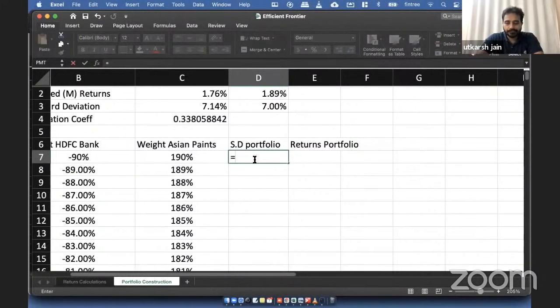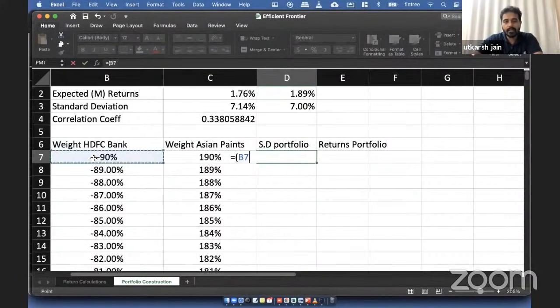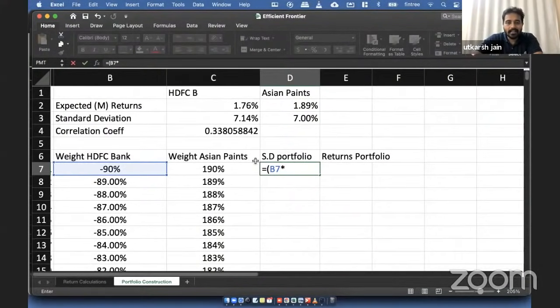So, is equal to, let's try and remember what was the first term. Weight 1, standard deviation 1, the whole thing multiplied, squared, right? Weight 1, standard deviation 1 squared. So let's do it then. Bracket open, weight 1. So I'm taking HDFC as the first stock, multiplied with the standard deviation of HDFC. Okay.